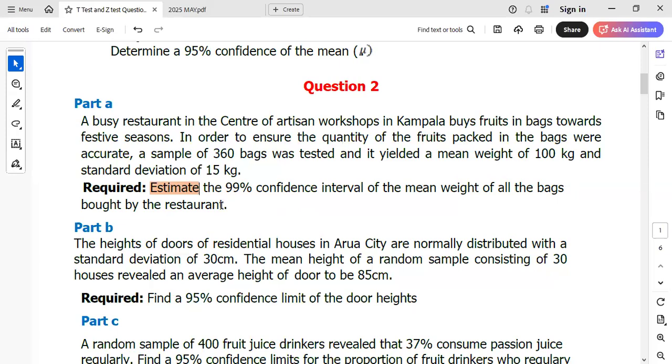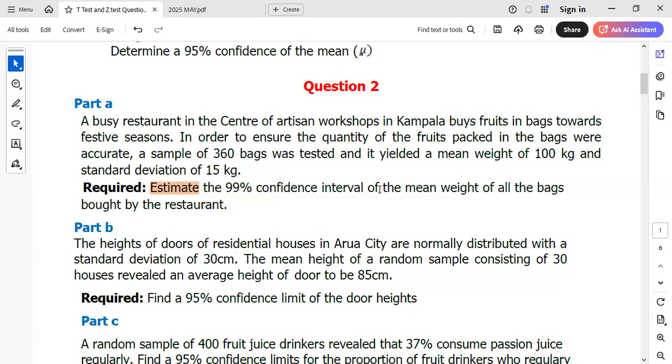You are just estimating to see where the mean weight of all the bags bought by the restaurant falls. So you need the lower limit and the upper limit. When they say you look for the interval or the confidence limits, you need the lower limit and the upper limit.